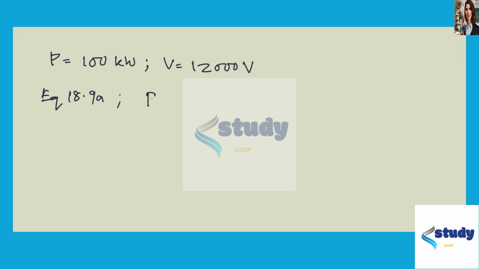We know that power is current times voltage, so current is equal to power over voltage, and substituting these two, we get the current to be 8.333 ampere. Make sure you convert the kilowatts into watts before calculating the ratio.